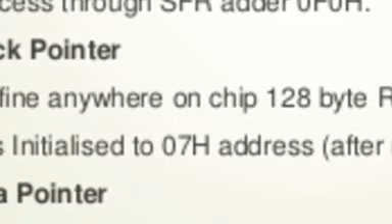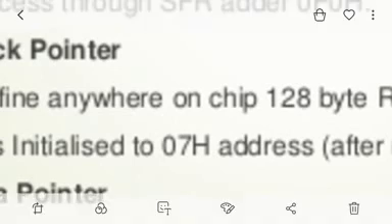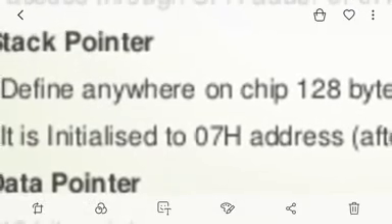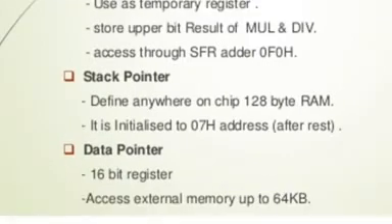After taking, it decrements by 1, from 8 to 7, so it is pointing again towards 7. These are the two very important stack operations. For storing you use the instruction PUSH, and for retrieving you use the instruction POP.